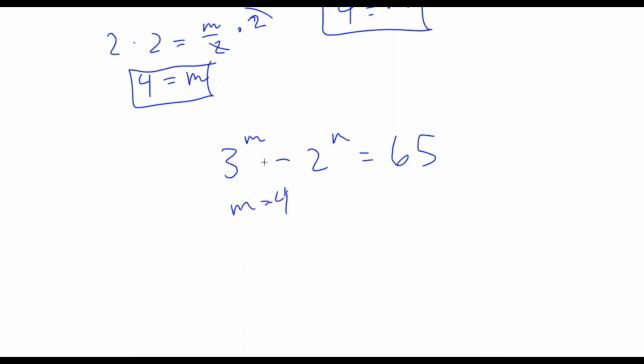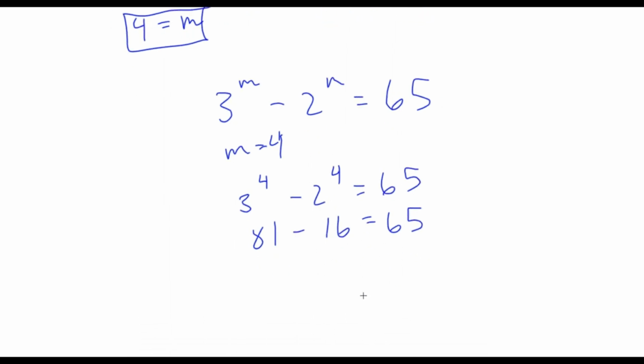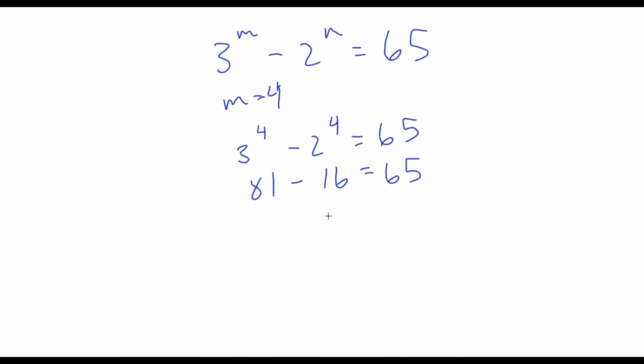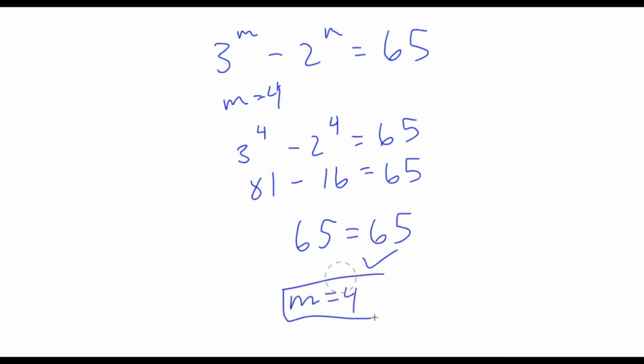So if I plug in 4 for m, I get 3 to the power of 4 minus 2 to the power of 4 is equal to 65. 3 to the power of 4 is 81, minus 2 to the power of 4 is 16. So 81 minus 16 is 65. Since 65 is equal to 65, we know that m is equal to 4 is right as well.